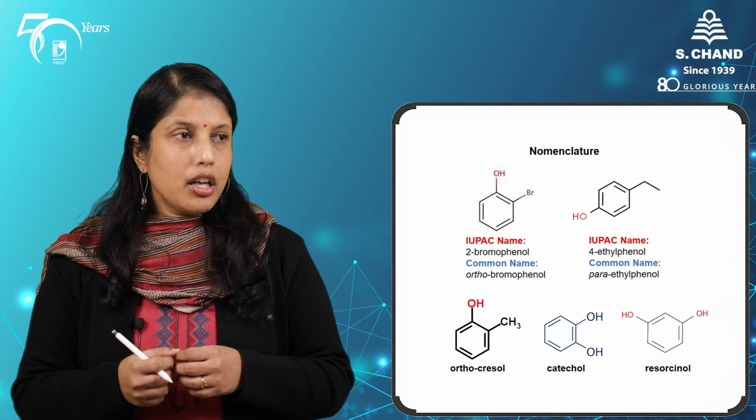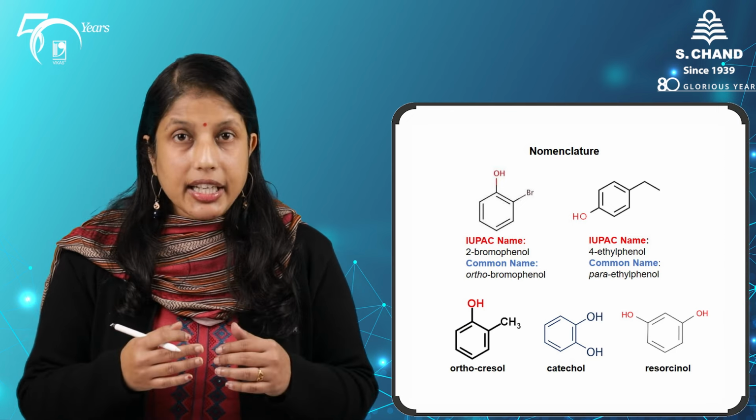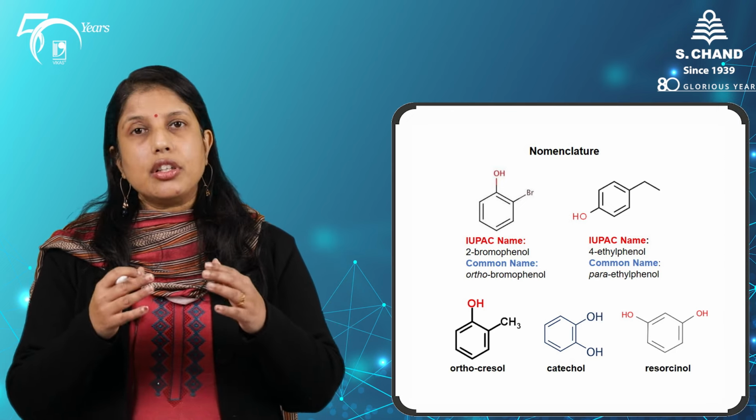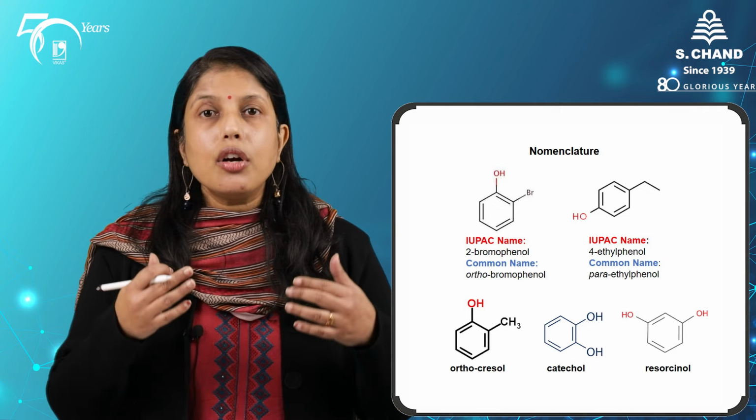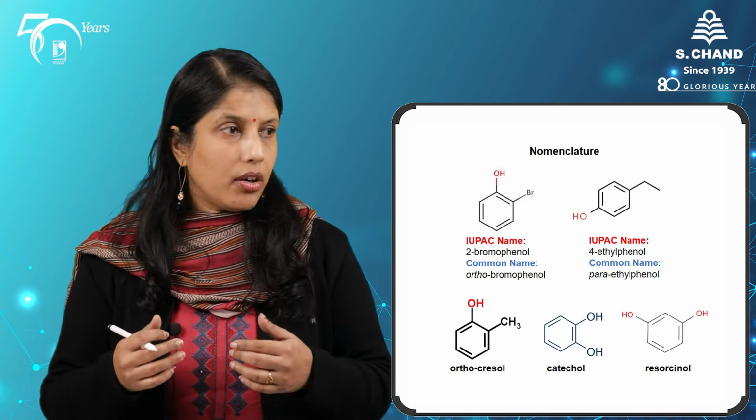Nomenclature. So how do we name our phenols? Because the phenol structure also involves the basic aromatic ring, all the rules pertaining to the nomenclature of aromatic compounds are also followed when we name our phenols.